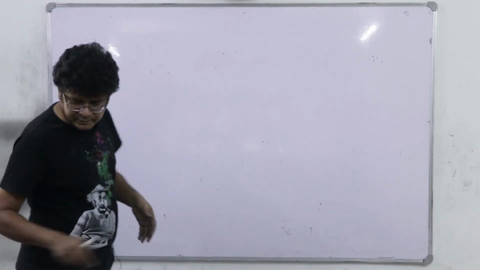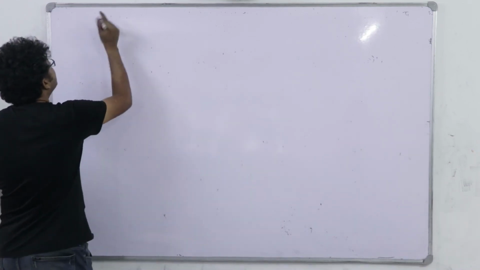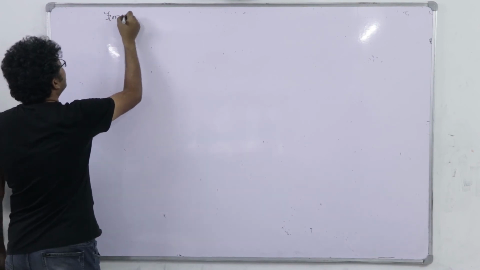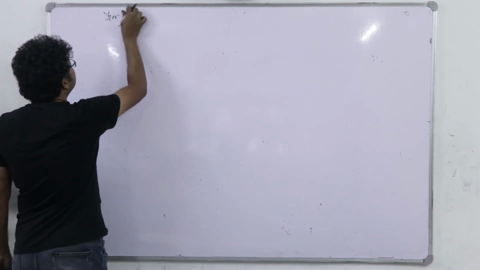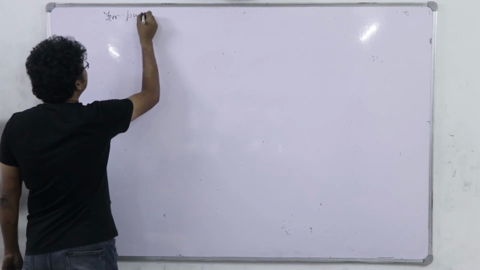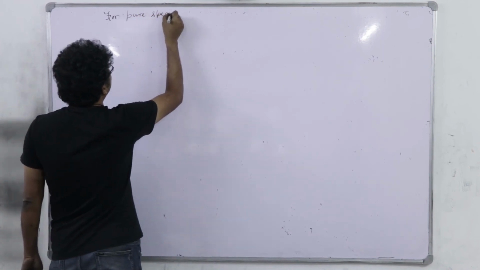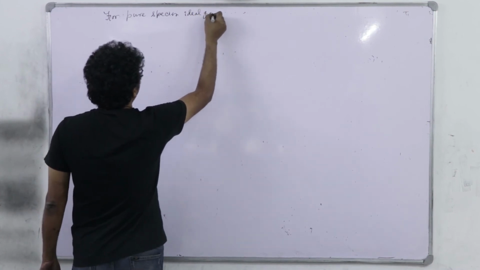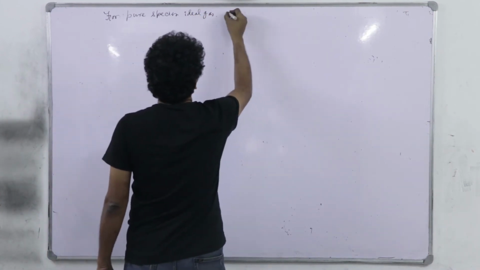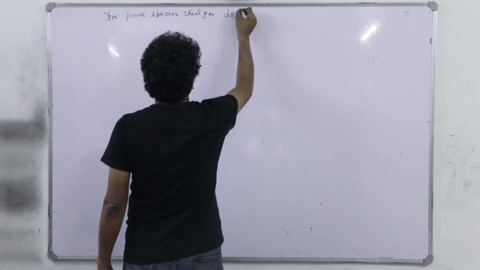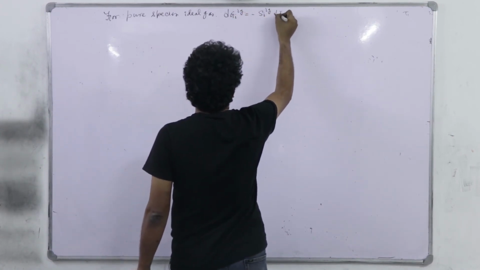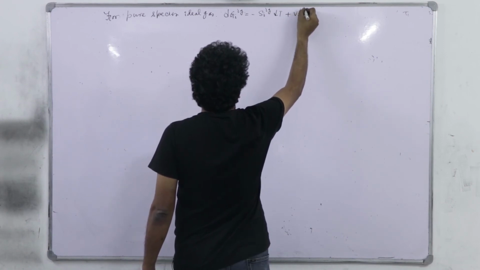So, you see that for a pure species ideal gas, we have dGi equal to minus SiIg dT plus ViIg dP.